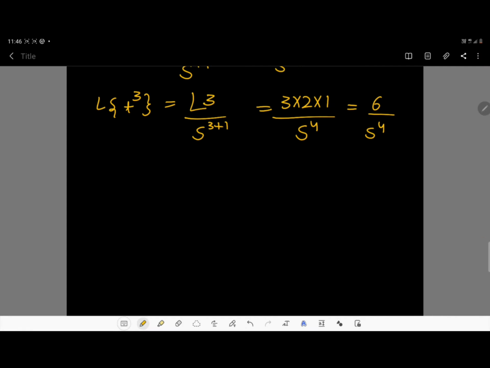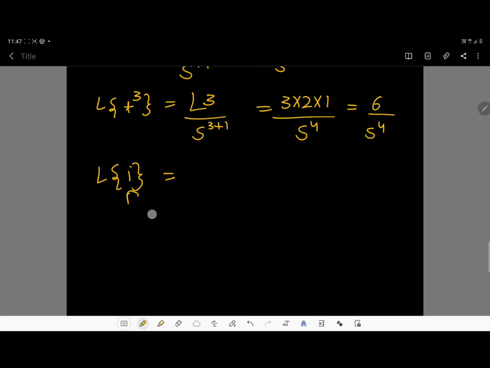Now, if we have the Laplace transform of 1, this means any number x raised to the power 0 gives 1, so the value of n would be 0.